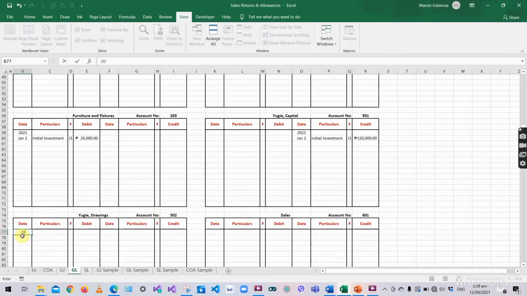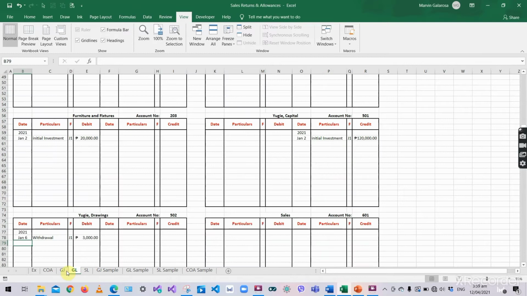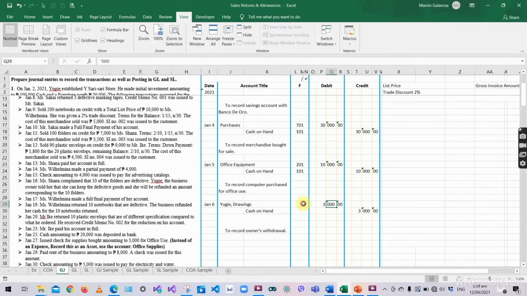So, sa debit side, 2021, January 6, withdrawal, J1, debit na 3,000. Account number 502.